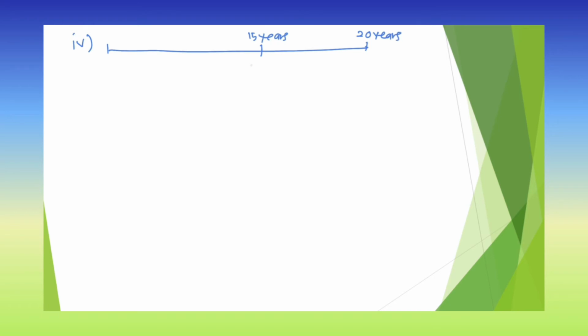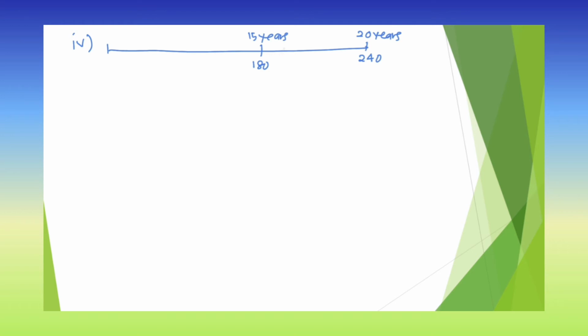So N here equals 180 and here is 240. So if after 15 years, Mr. Harun decides to pay off his loan, how much must he pay?